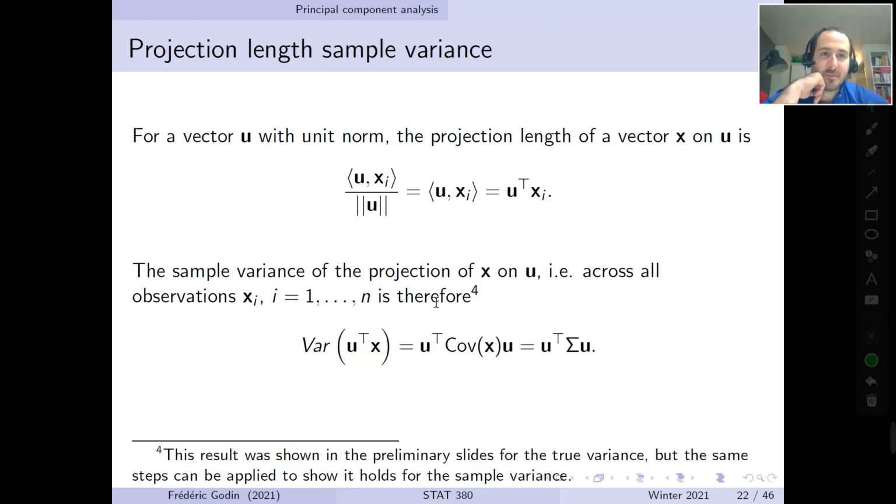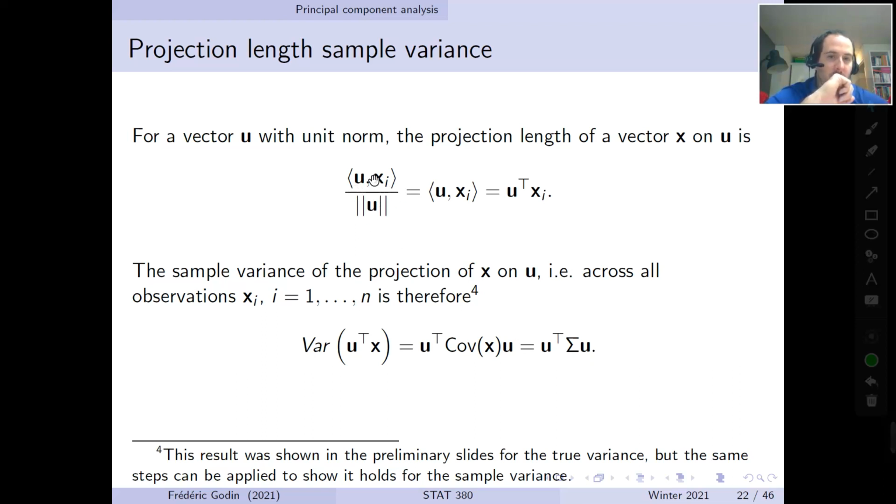Okay, so now we mentioned squared projection length. So let's do a bit of recall about linear algebra. If we have some vector u with unit norm, then the projection length of a vector xi on u, sorry, it should be xi instead of x, is given by the scalar product between u and xi divided by the norm of u.